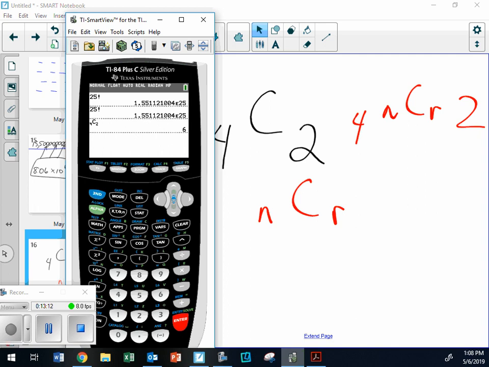All right, back to if I asked him to pull out any 3, what do you think the question would change to now? 4C3. Everybody see how fast you are. 4C3. I'm going to do it the faster way. I'm going to go through the math button. And it's under probability.